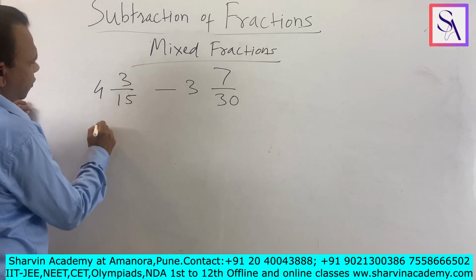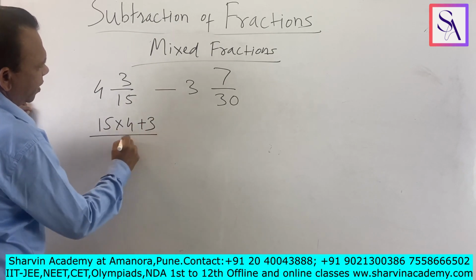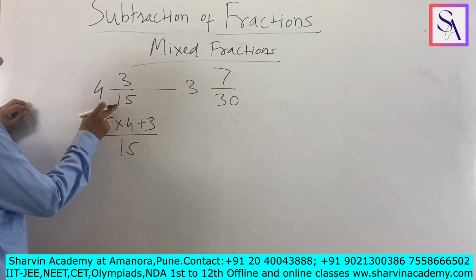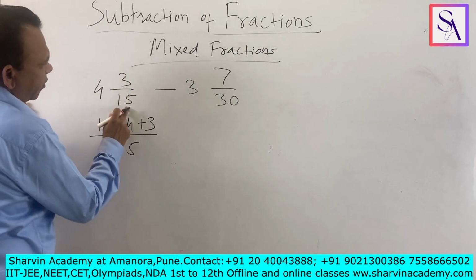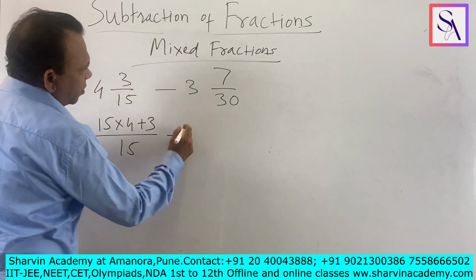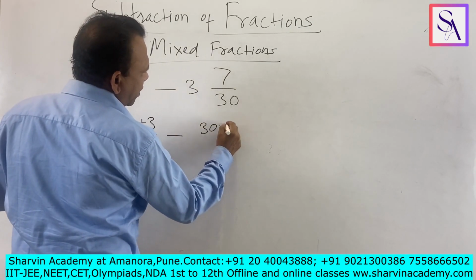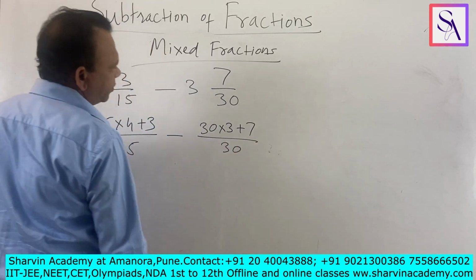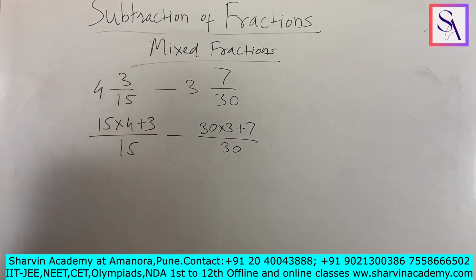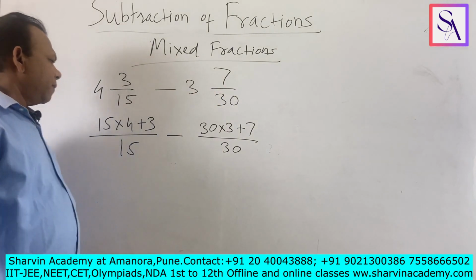So 15 into 4 plus 3, divided by 15. I just multiply 15 and 4, then I add 3 by 15. Take 15 as the denominator, same. Similarly here as well, 30 into 3 plus 7 divided by 30, right?